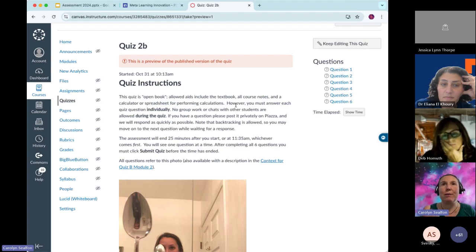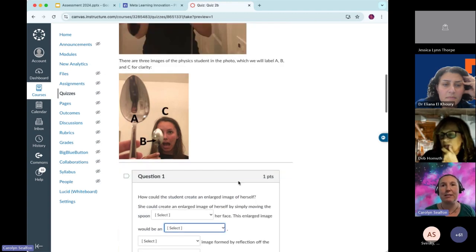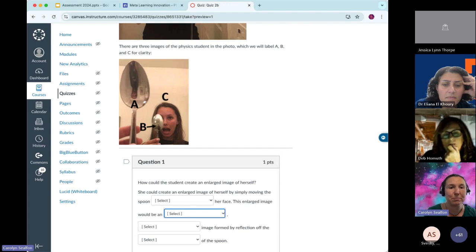However, they were allowed to discuss beforehand, right? So there's this collaborative piece where they can discuss the concepts beforehand, but then still this part is, can they actually apply them in real time? So they could draw their array diagrams together collaboratively, but then can they interpret their array diagrams in the context of these specific questions, for example?